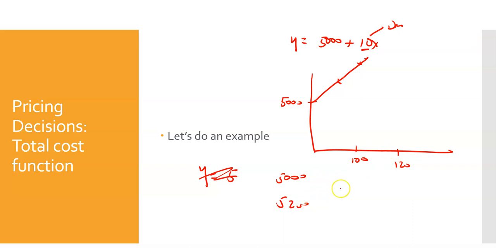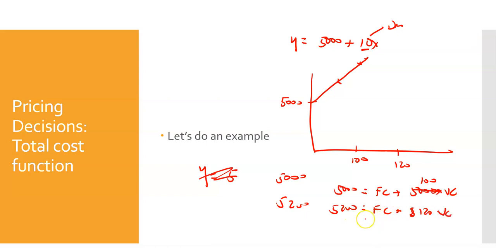So 5,000 is equal to fixed costs plus 100 times VC, and 5,200 is equal to fixed costs plus 120 times VC.